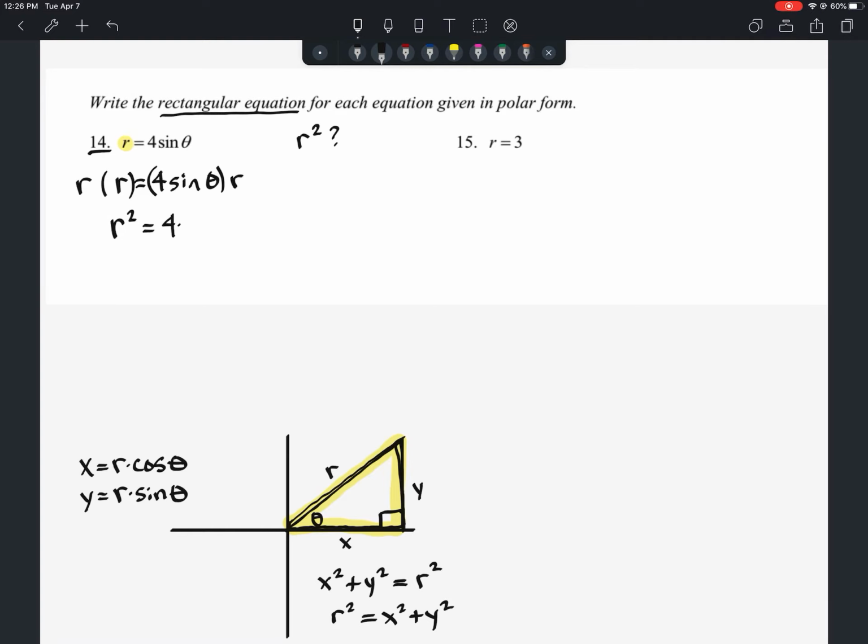Now I'm going to reorder that as 4 times r times the sine of theta, because we have to get rid of the r's and the sines to turn it back into x's and y's.